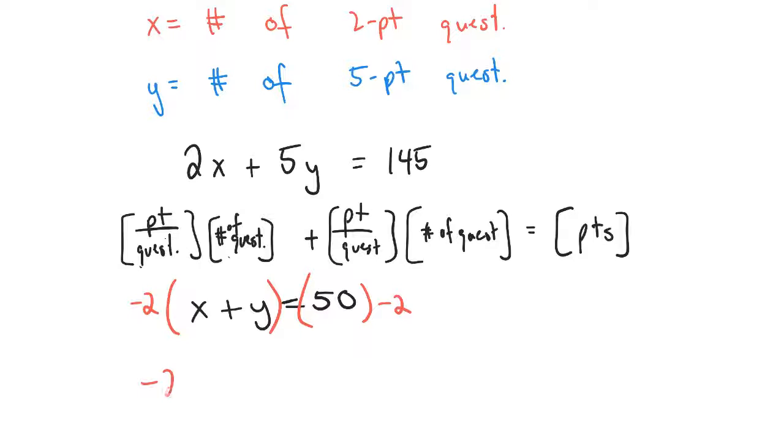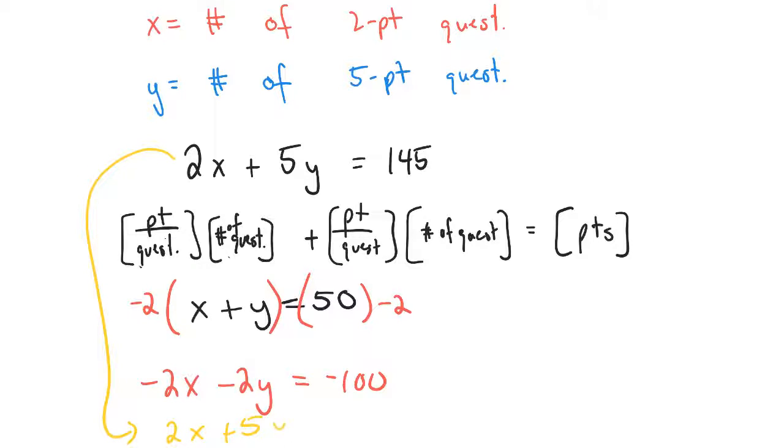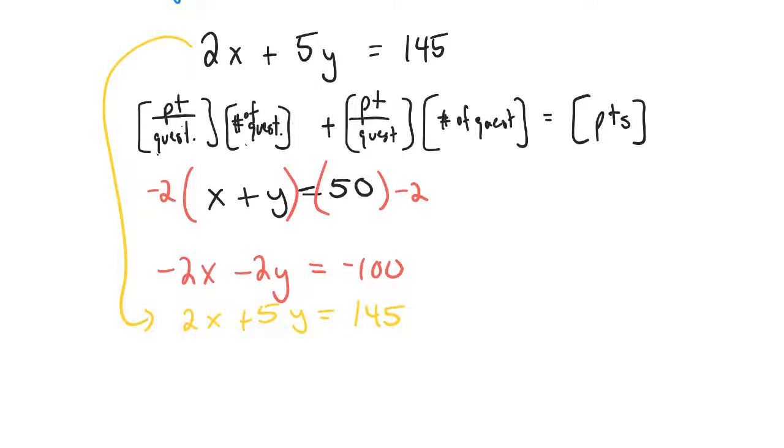This equation becomes negative 2x minus 2y equals negative 100. Now I'm going to take this equation from up here, in case we're forgetting where the second equation comes from. I'm going to re-jot it down real quick, just so we've got them next to each other so we can see the elimination happening. And when I add straight down, I'm adding those things straight down.